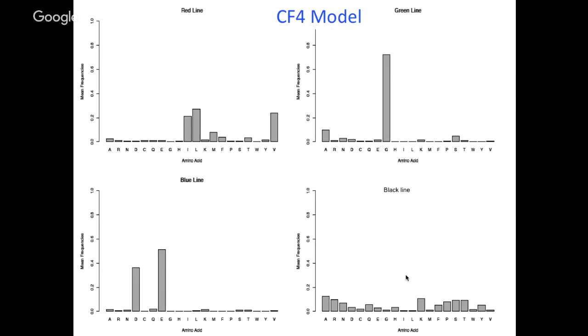This is the C4 model, to give you an idea of what I'm talking about. The C4 model has four classes of sites, and each of these classes is represented here by a frequency histogram, where the heights of the bars indicate the frequency of the amino acid in that class. So there are sites in the data that have a lot of I and L and V. There are sites that have a lot of G and some A. There are sites that are very focused on D and E. And then there are sites that have a more uniform distribution.